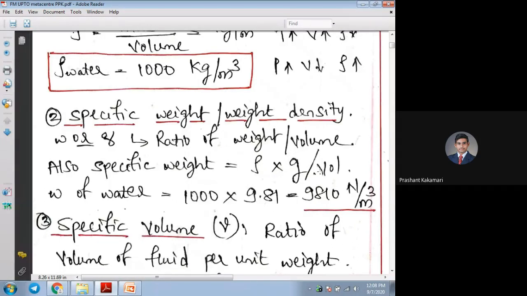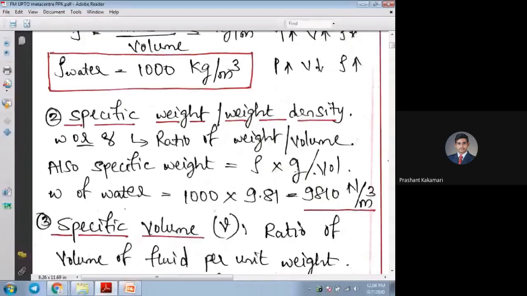So you can write both equations. Next equation: for specific weight, mass m into g will be w, that is the weight of the given fluid. Then w per unit volume will become the specific weight.